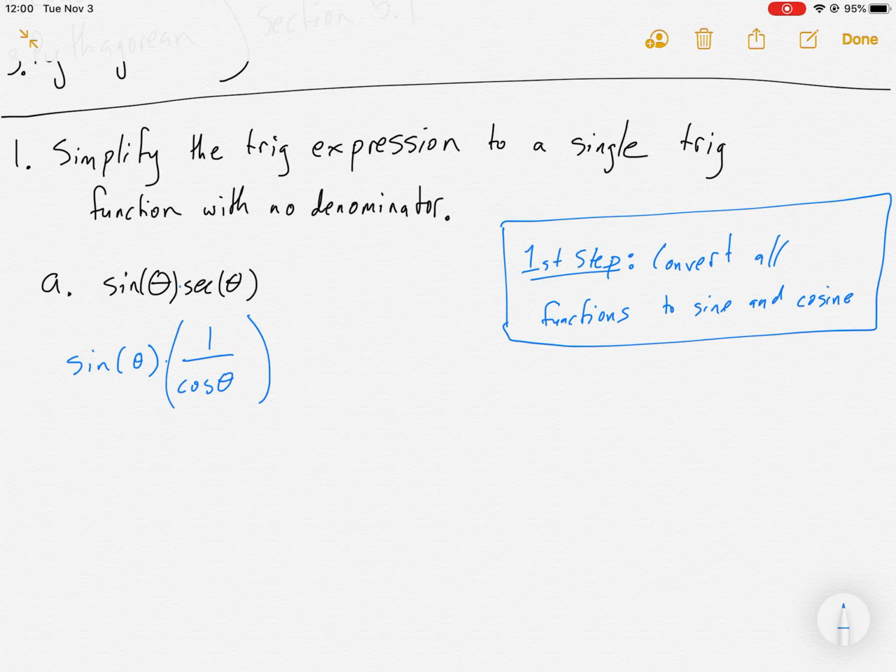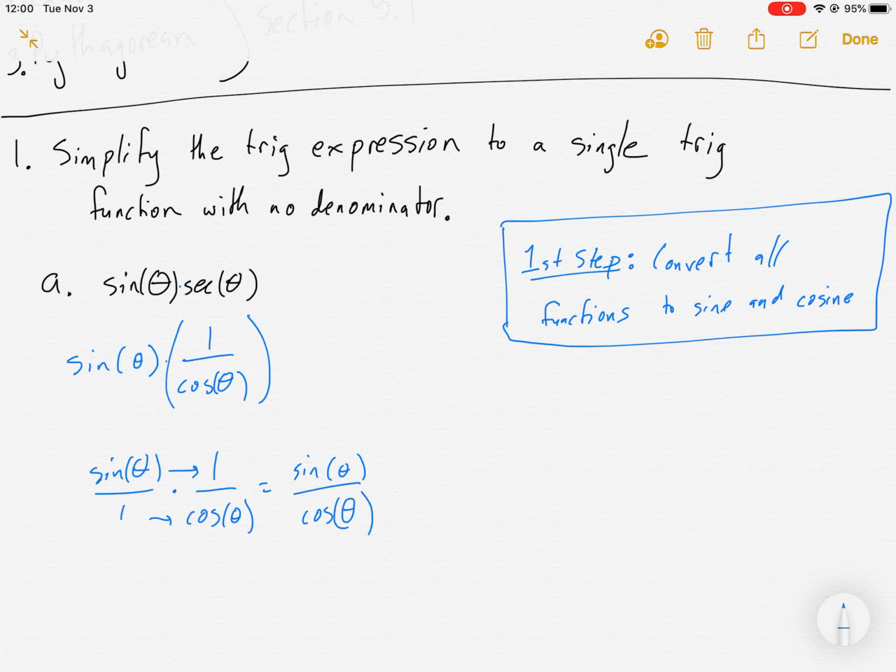Now this almost looks worse because I went from no denominator to something with a denominator. But let's go ahead now and multiply. So sine of theta is really sine of theta over 1, and then times 1 over cosine of theta. To multiply fractions, you just go straight across here, so I end up with sine of theta over cosine of theta.